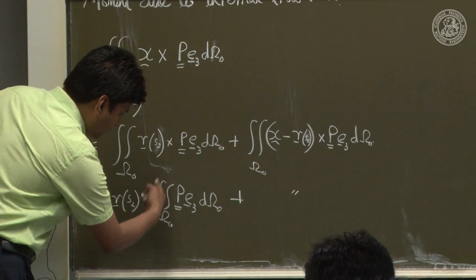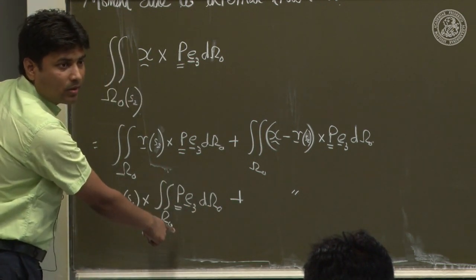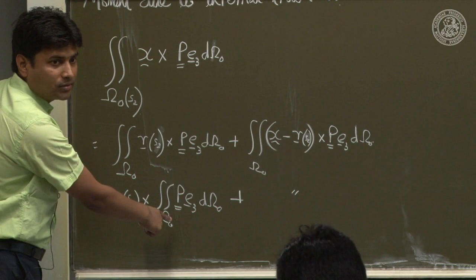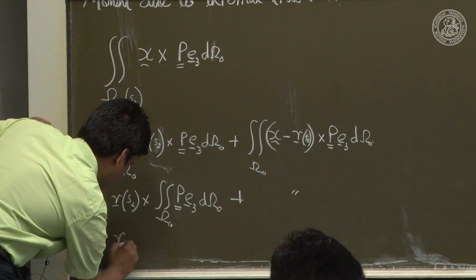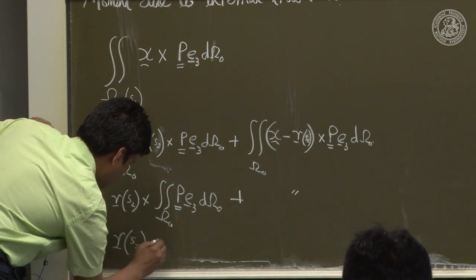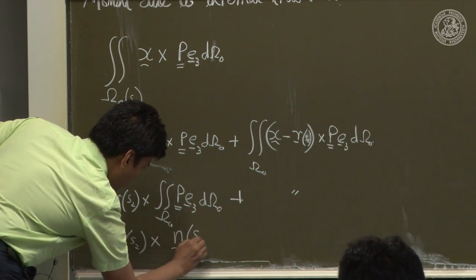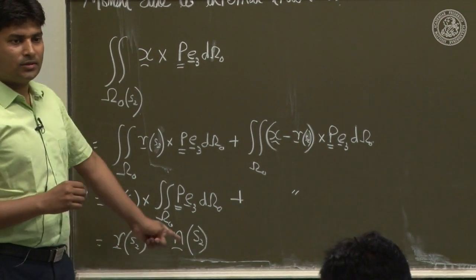And you can now see what is this equal to? That is our force on a cross section, right, that we had defined n of s. So, this becomes little r of S2 cross product n at S2, isn't it?